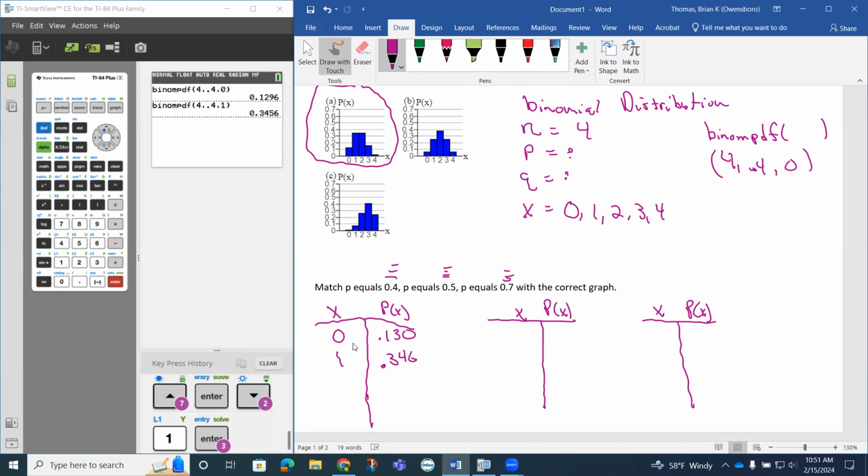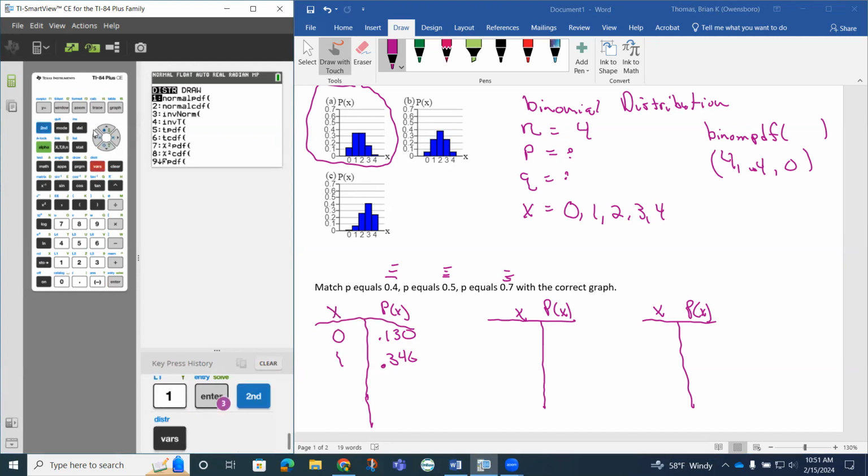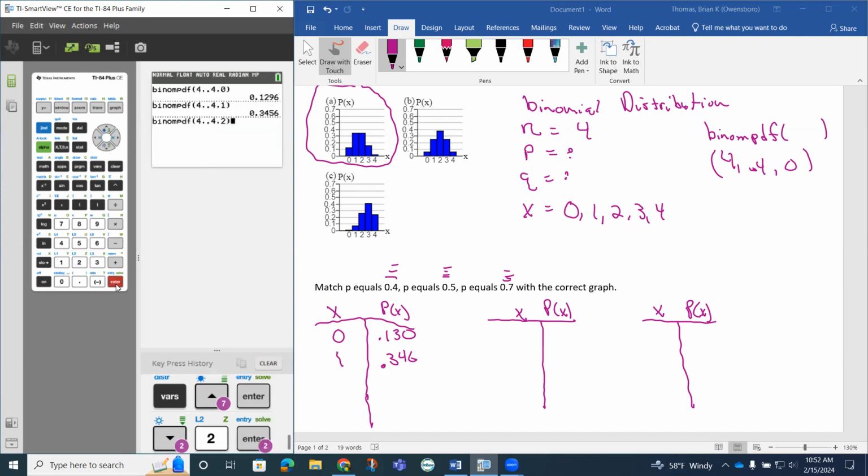If we keep doing this, we have to go up to 4 successes, so we have a little bit to do in our table. Hit 2nd VARS, get to our formula again, and this time we go for 2 successes. Then we get 0.346 again.